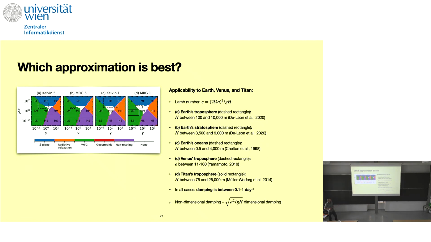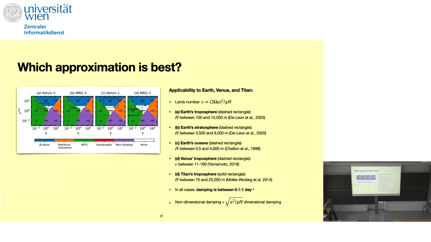We also use this figure to say something about the applicability of our results to nature, namely Earth, Venus, and Titan. The dashed rectangle here corresponds to the region of the parameter space corresponding to Earth's troposphere.